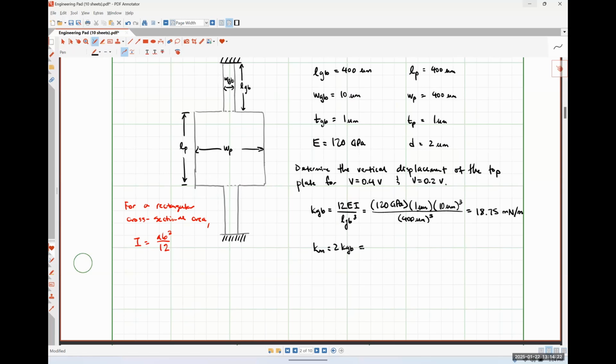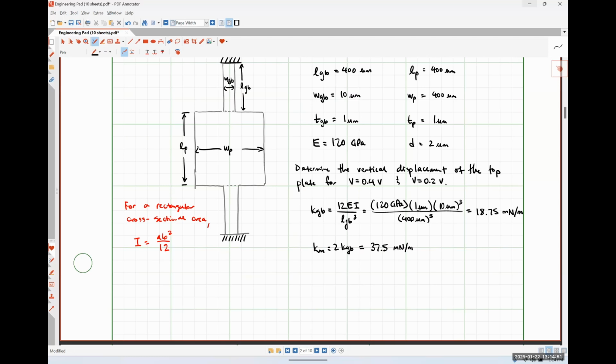So that comes out to be 37.5 millinewtons per meter. So to me, that seems like a fairly loose spring, or not particularly stiff by any stretch of the imagination, and we'll see why we shouldn't need a particularly stiff spring in a moment.